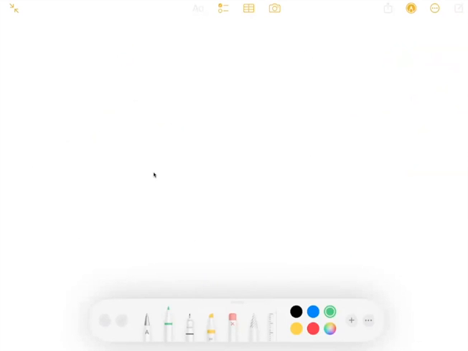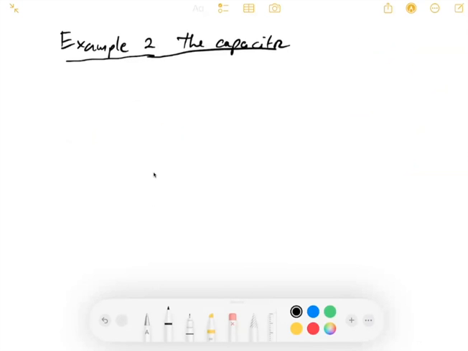Example 2. The capacitor. Okay, so let's say we have a situation where we have a parallel plate capacitor.